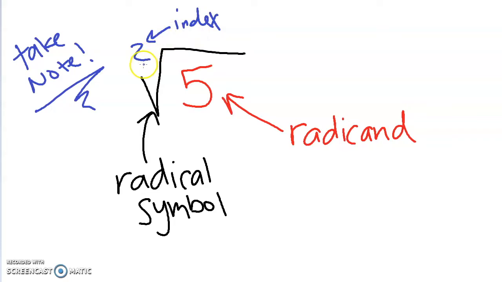It does not have to be a 2. This is a 2 because we're talking about a square root. But if I change this to a 3, then this becomes a cube root, and the index can change. So all three parts, the radical symbol, the radicand, and the index, make up the total radical. These are the three things we should pay attention to before we look deeper into what a radical is.